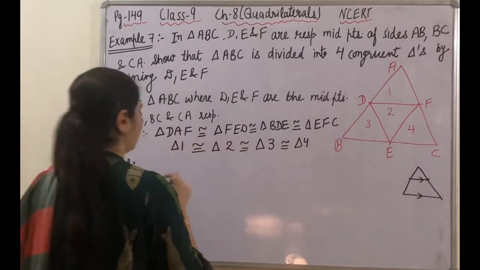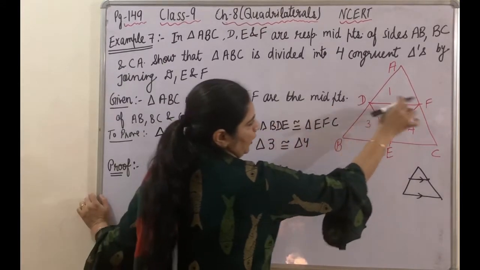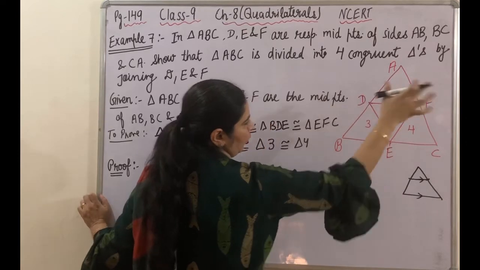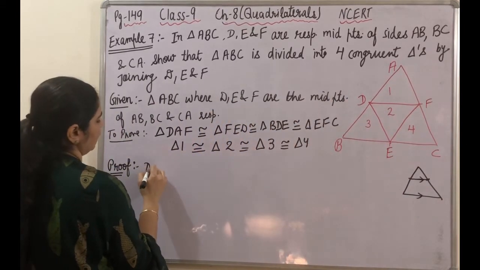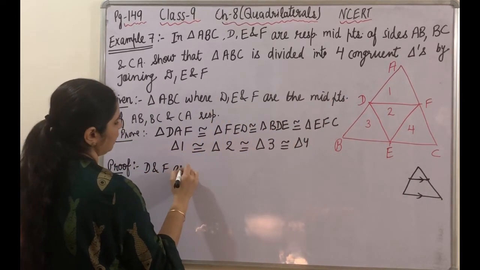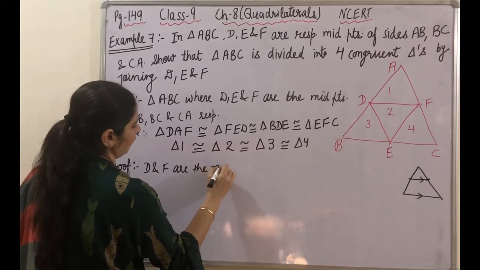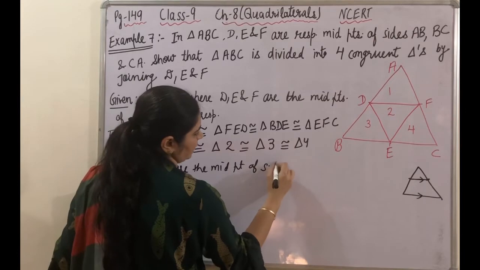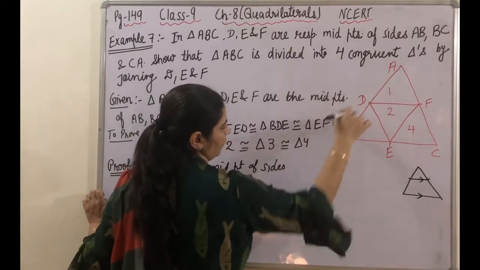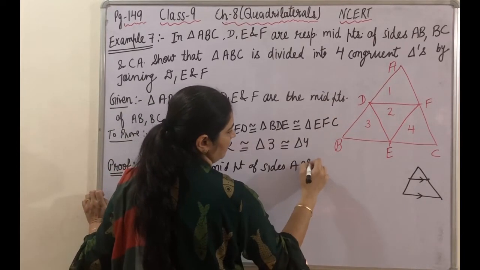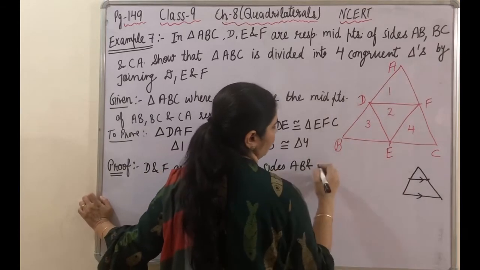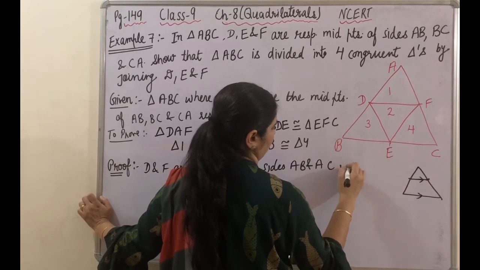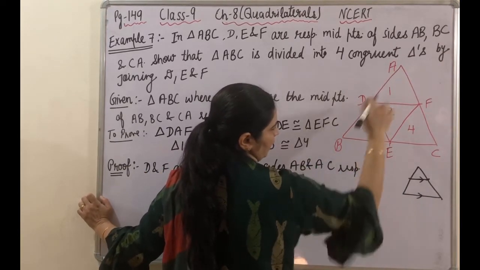Here D and F are the midpoints. D is the midpoint of AB and F is the midpoint of AC. It is given.